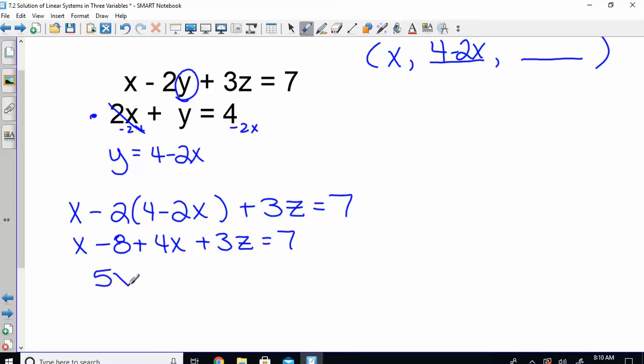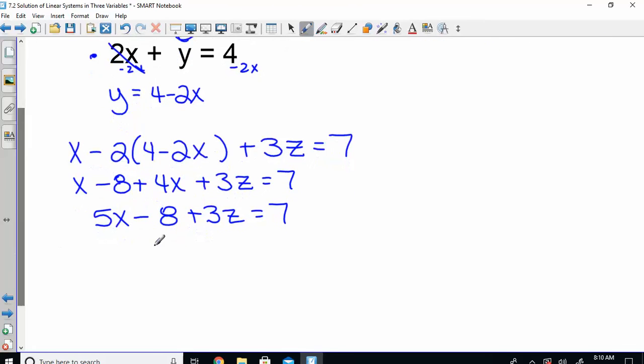So I have 5x minus 8 plus 3z equals 7. If I add my 8, now what?